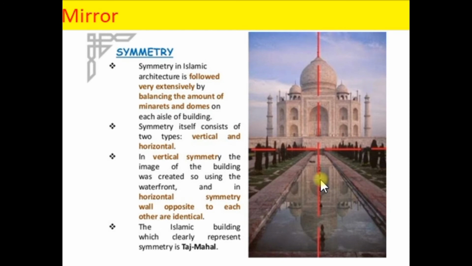So the next important decorative feature is mirror work. Basically, symmetry in Islamic architecture is followed very extensively by balancing the number of minarets and domes on each side of the building. Symmetry itself consists of two types, vertical and horizontal. Vertical symmetry is where the image of the building is created using the waterfronts, and in horizontal symmetry, the two sides are opposite to each other and identical. The Islamic building which clearly represents symmetry is the Taj Mahal.